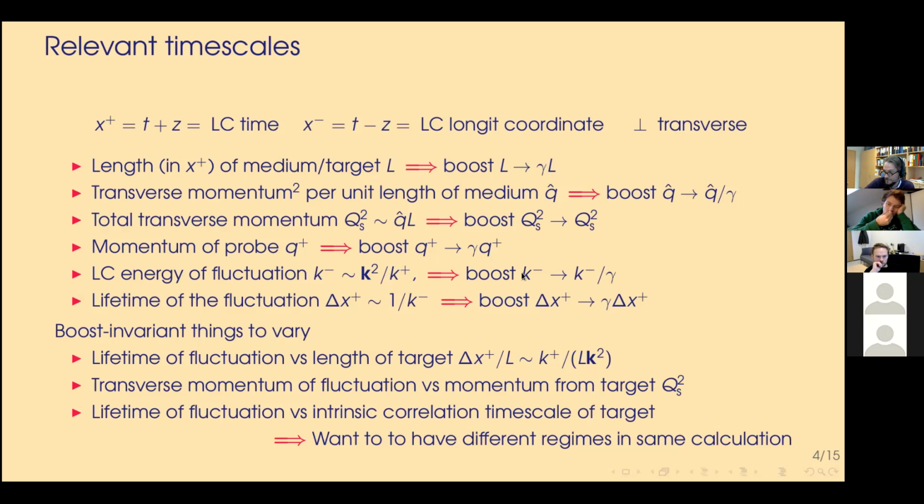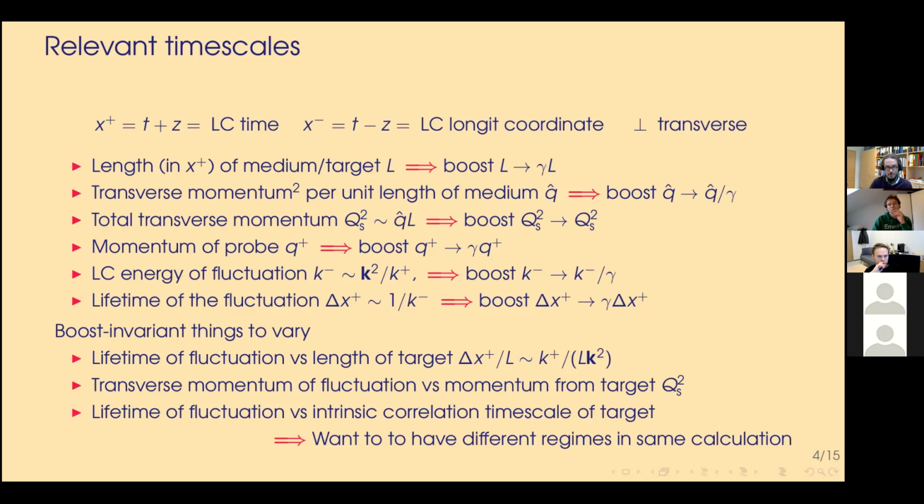If the plus component grows when you boost, the minus component will decrease, in such a way that the plus component times the minus component is boost invariant. Since this is the light cone energy of a fluctuation, by fluctuation I mean that you have a quark, for example, and it fluctuates into a quark gluon state.